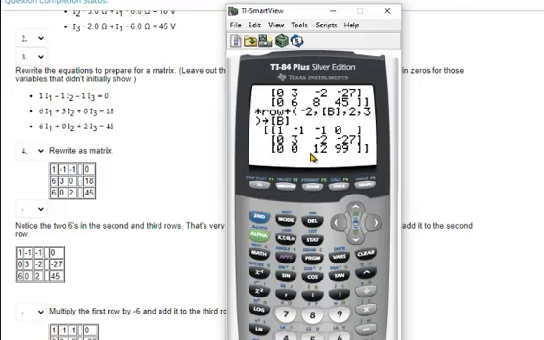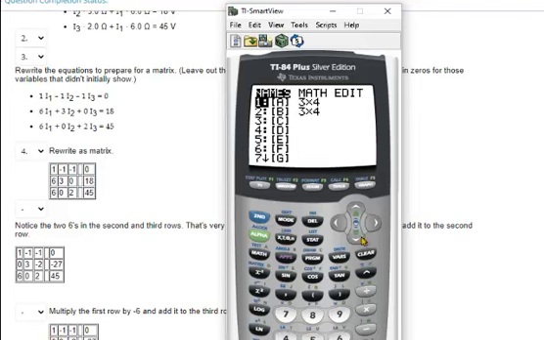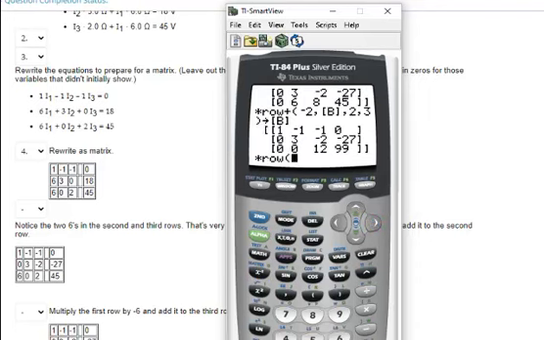Okay, now I'm going to aim for having a 1 right here, which means I'm going to divide the third row by 12. For that one, actually, I will use a different one. It's this one here, the times. I'm not going to divide by 12, I'm going to multiply by 1/12.